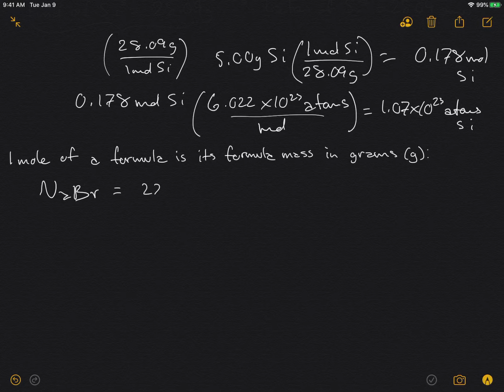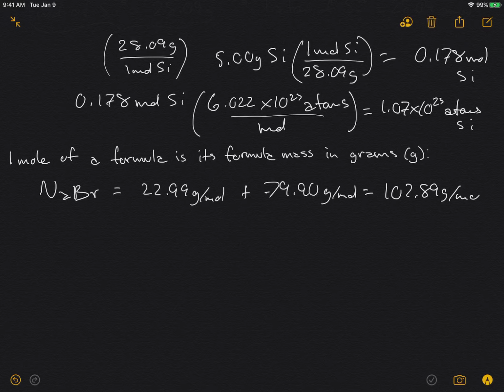So we take sodium's atomic mass, 22.99 grams per mole, add that to the atomic mass of bromine, 79.9 grams per mole, we get 102.89 grams per mole. Now that's the mass of a sodium bromide formula unit. So remember, for ionic compounds, we call them formula units. For covalent compounds, we call them molecules.